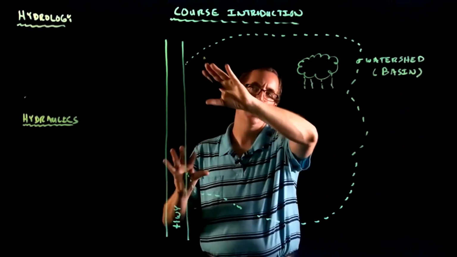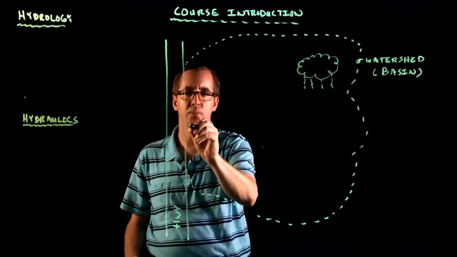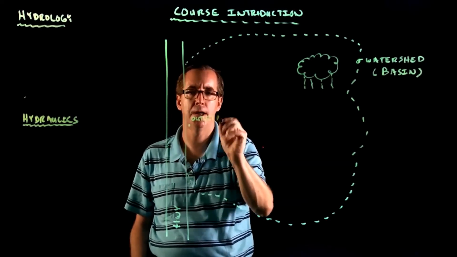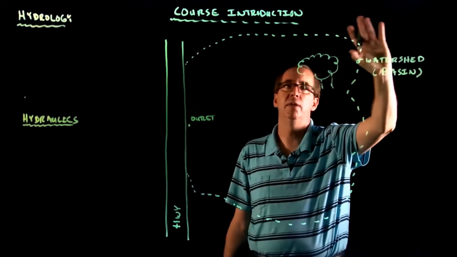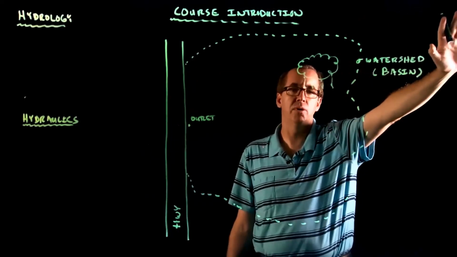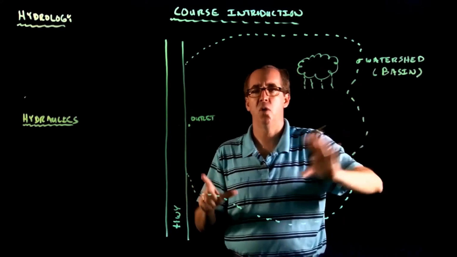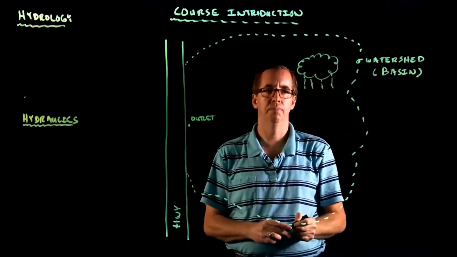Within that storm, any drop of water within this watershed is going to make its way out to a point that we call the outlet. If there is a drop of rain outside this boundary, then it would go on to a different watershed. So again, the watershed is a region in which any rainfall within that region makes its way to a single outlet.